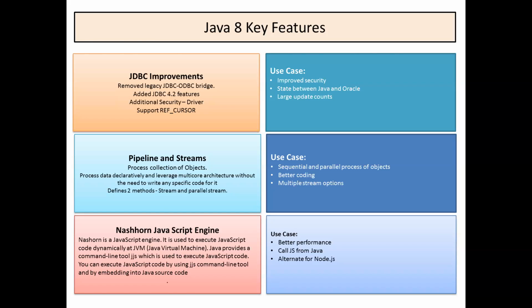So they have improved the security by implementing features that enable you to handle those things. That was also added in Java 8. They've also added a few more features called reference cursors, where cursors work on the position of an object.